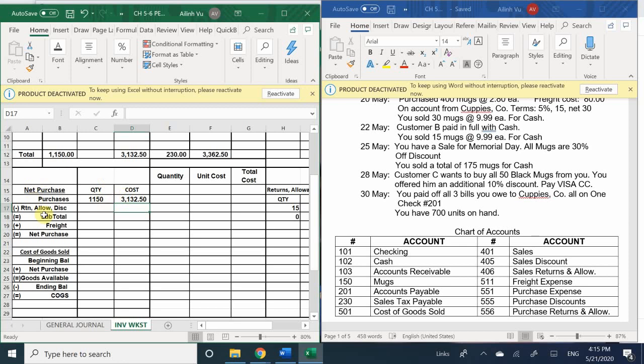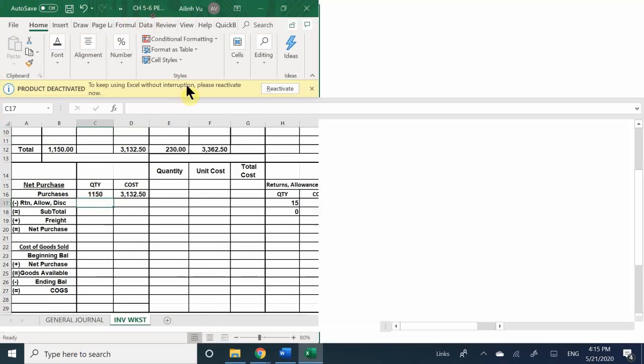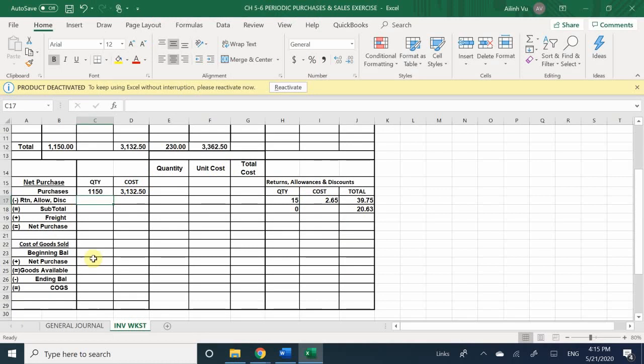Now, what does the next section say? Yes. Now we can go over here to our returns and allowances. Let me go ahead and make this bigger so everyone can see. So now we can calculate: do we have any returns and discounts? Yes, we do. Over here on this side of the table, I'm going to go ahead and sum this up.